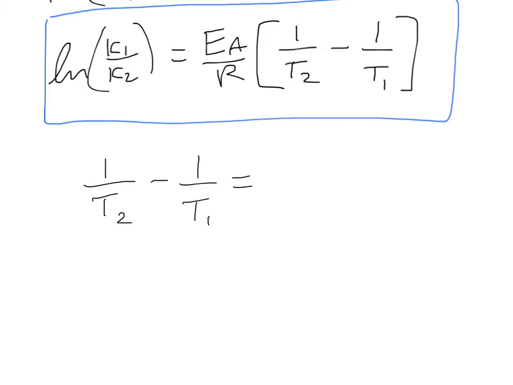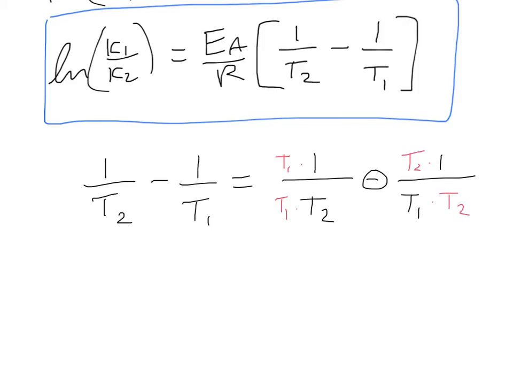And so one thing we can do here is rewrite it a little bit differently. So for instance, the 1 over T2 term, we can multiply top and bottom by T1. And we can have a look at what this does in a second. If we take the 1 over T1 term, we can choose to multiply it, top and bottom, by T2.